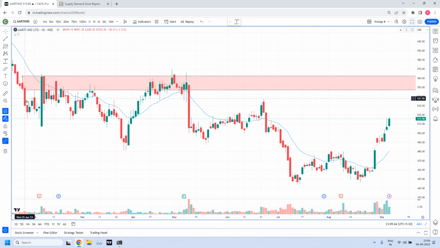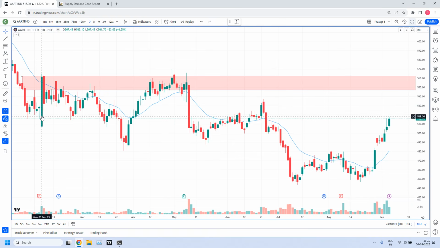So it created a supply zone. Then price again went to the supply zone, tested, and the pending orders in this particular supply zone pushed the price down again.